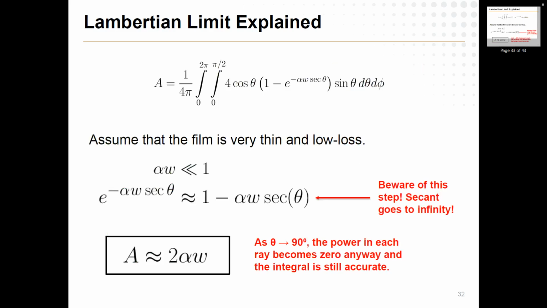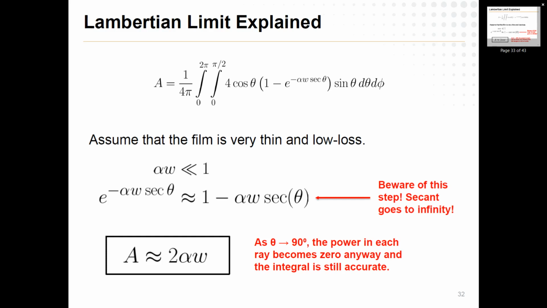So what do we do? First, we're going to assume that our film is very, very thin, right? If it was infinitely thick, it would be difficult. But if we assume it's thin, then this alpha w term gets very, very small. So we're assuming each little pass up and down we're not losing that much light, which means this exponential term is approximately this here.